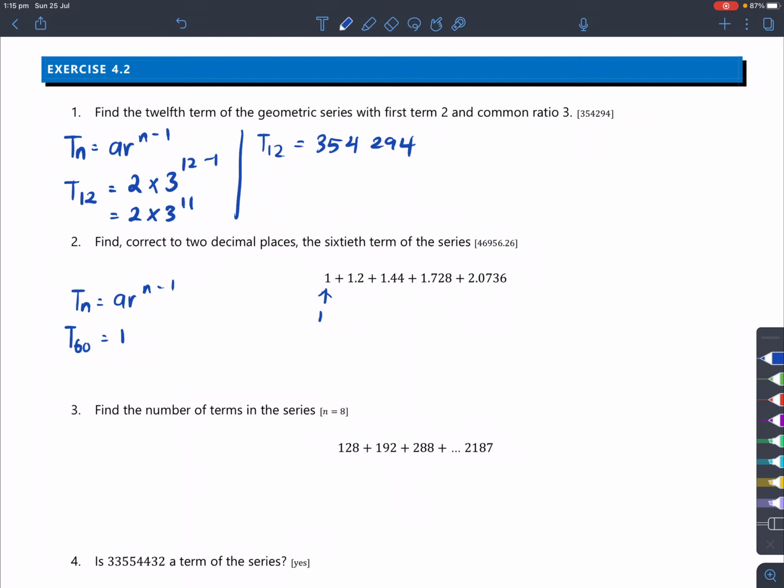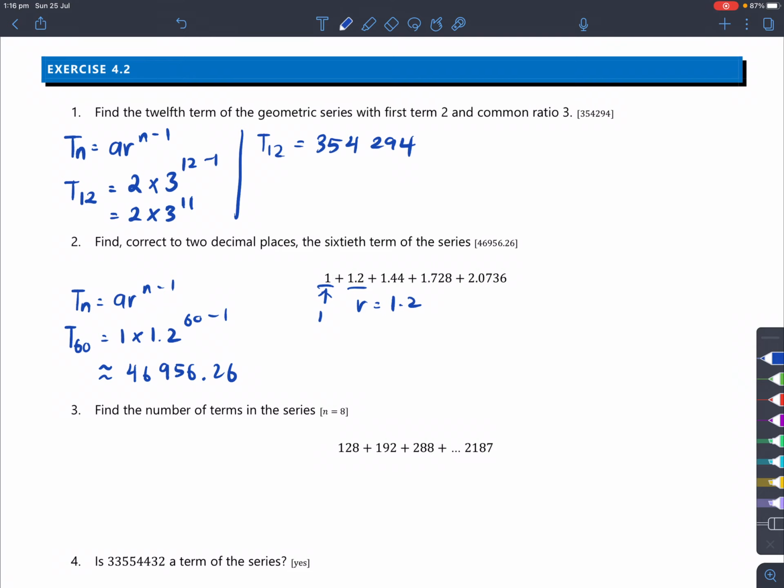Now the ratio would be 1.2 divided by 1. So that's just 1.2. So we do 1 times 1.2 to the power of 60 minus 1. So I'll get 1.2 to the power of 59 basically. And that should equal approximately 46956.26, to two decimal places.